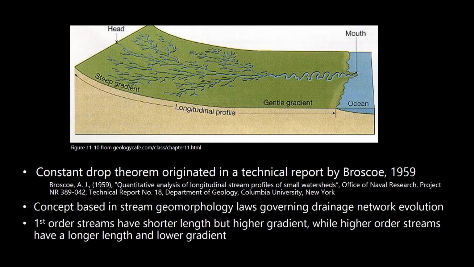The constant drop theorem was developed by Broscoe in the late 50s. And the concept is embedded in stream geomorphologic laws governing drainage network evolution. It makes sense, as first-order streams, which are higher up in the watershed, tend to have shorter lengths, but are associated with higher gradients, while higher-order streams, which are further down in the watershed, approaching the outlet, have longer lengths, but are along lower gradients, which you can see in the diagram above.